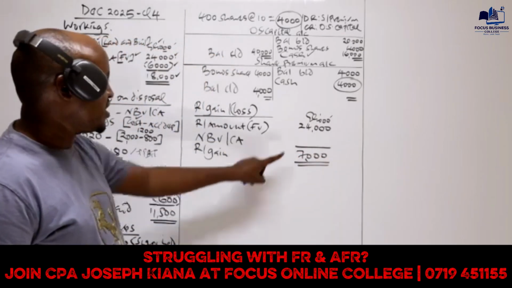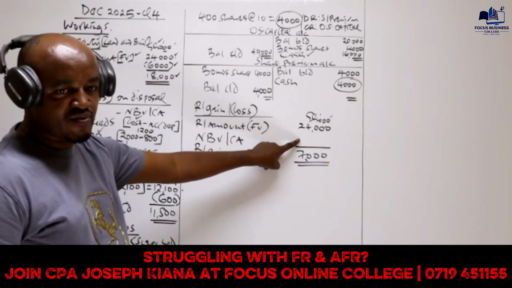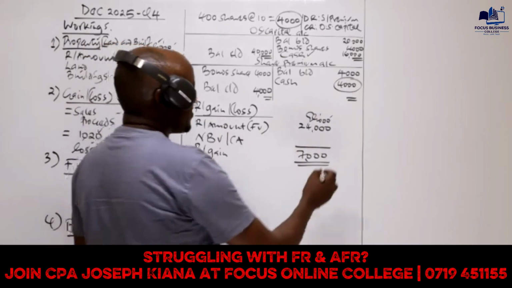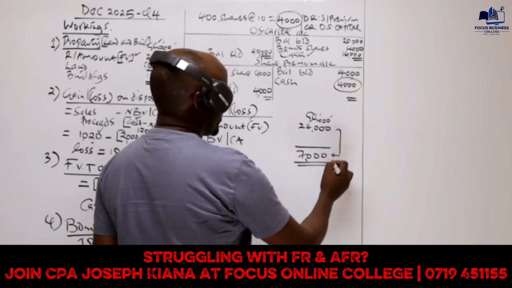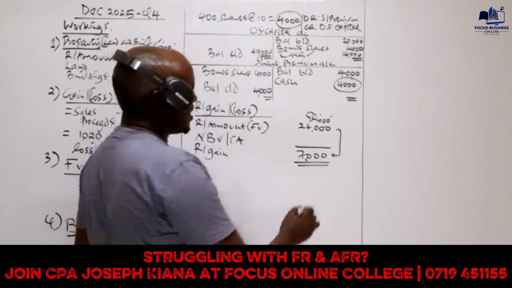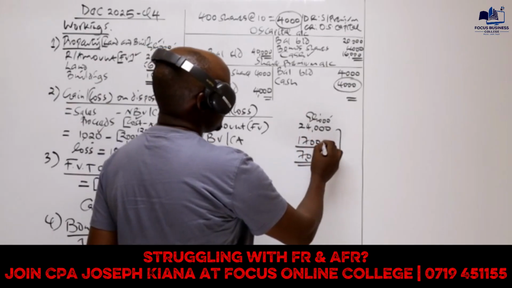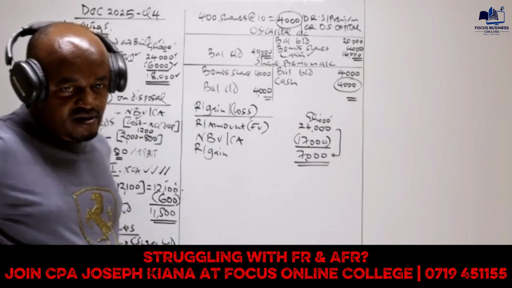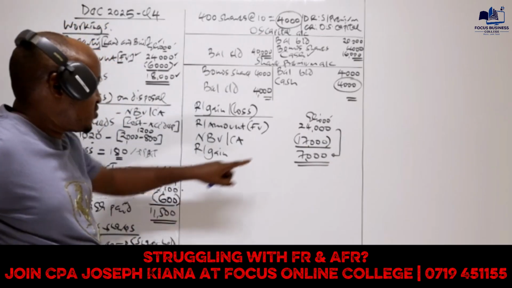So can you determine the revalued amount? Yes. The net book value automatically will be the difference between these two values there. So how much is that? Is it 17 million? Because the property was revalued to 24 million.